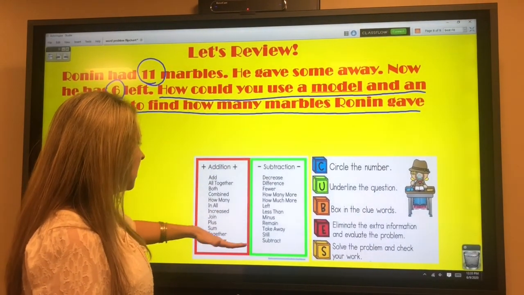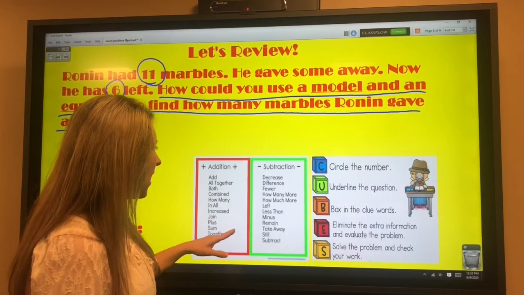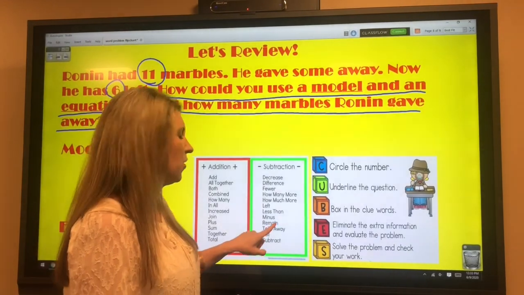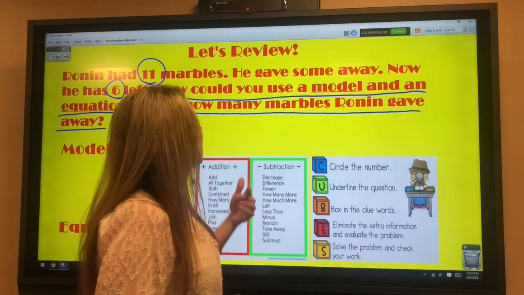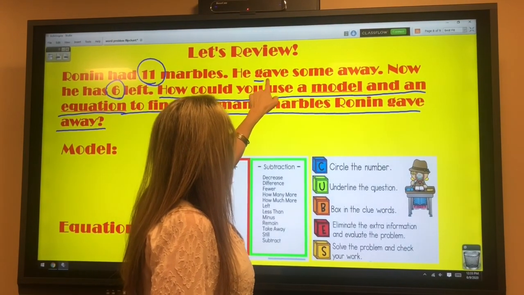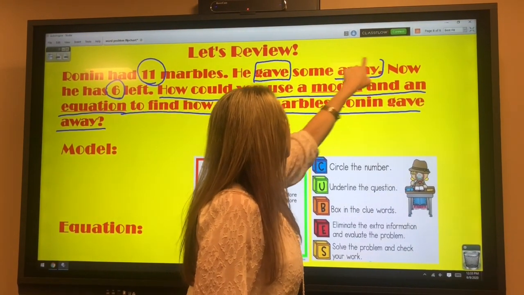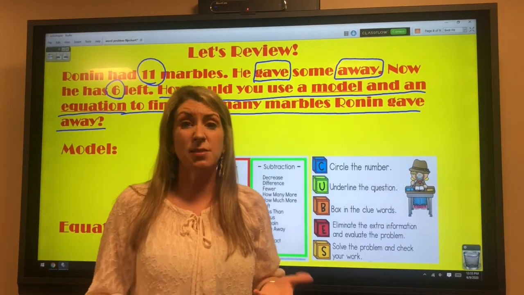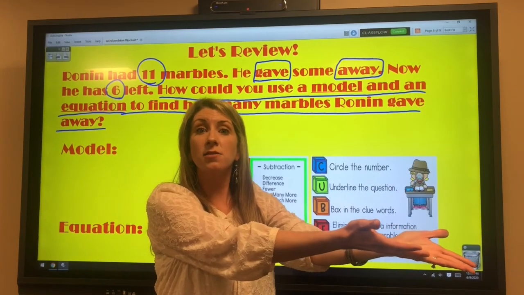I don't see the words gave away here, but I see the words take away. And that's very similar to gave away, because if he's giving some away, he's not going to have as many as he started with, because he's giving them away to someone else.